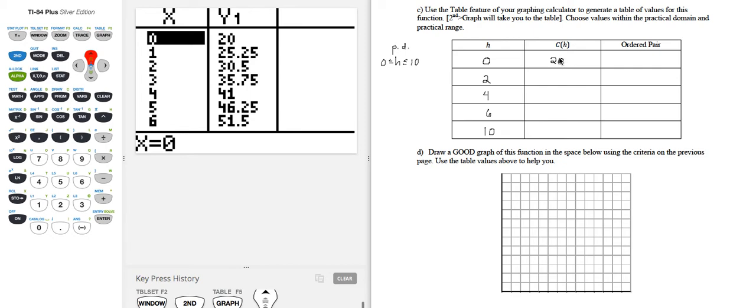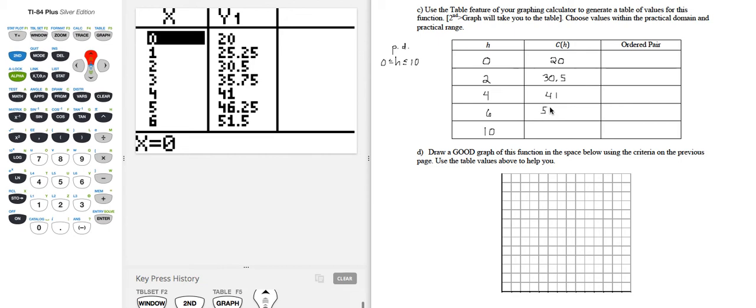Now I'm going to read the values from the table. My input is 2. My output is 30.5. I'm going to write that here, 30.5. When my input is 4, my output is 41. I'm going to write that here. When my input is 6, output is 51.5.